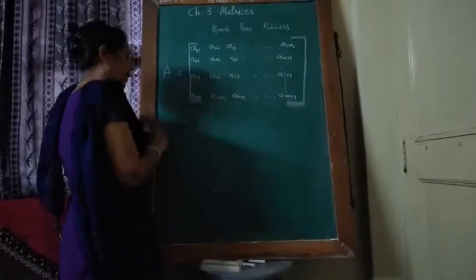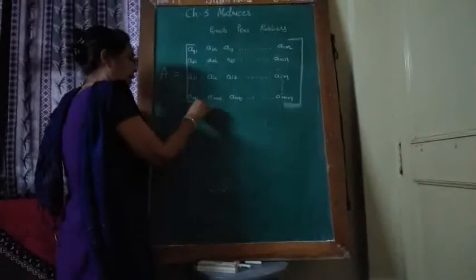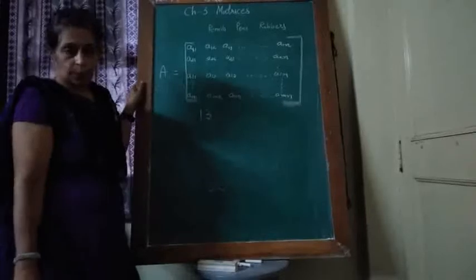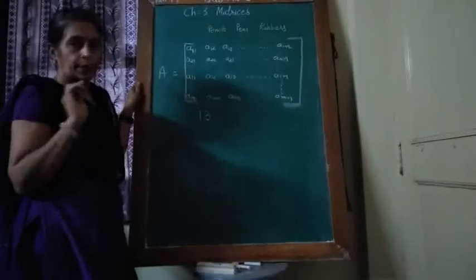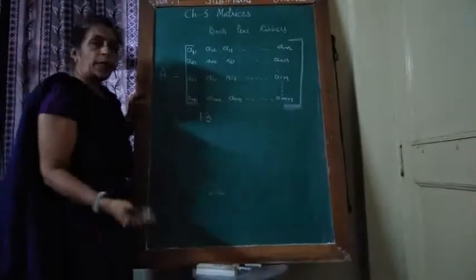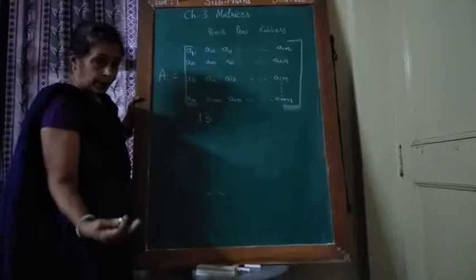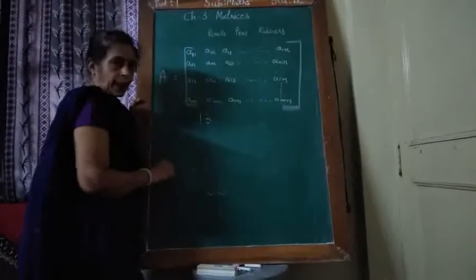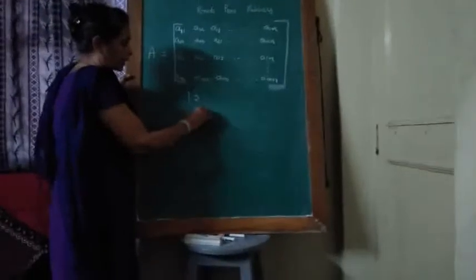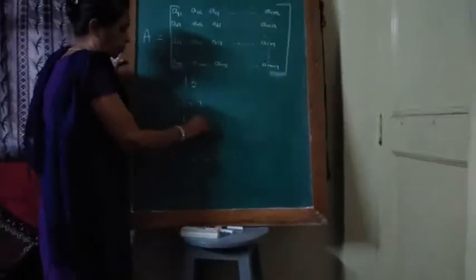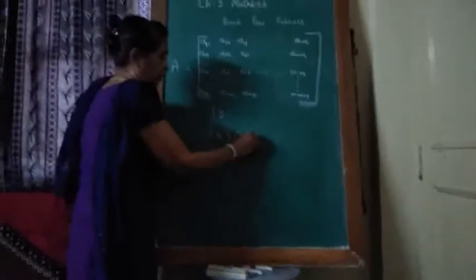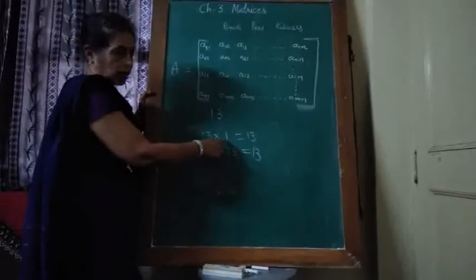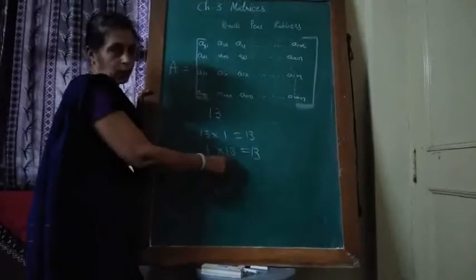Now suppose some matrix has 13 elements. That means how many rows and how many columns can we assume? 13 is a prime number, so we may write 13 as 13 times 1, or 1 times 13. So there will be 13 rows and 1 column, or 1 row and 13 columns.